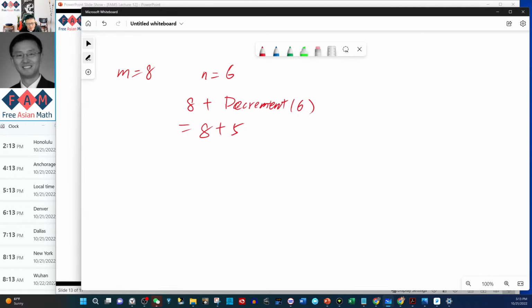This theorem says that 8 plus 5 equals decrement of 8 plus 6. Of course, this must be true. So it's very easy to see why this works, but this is not a proof.